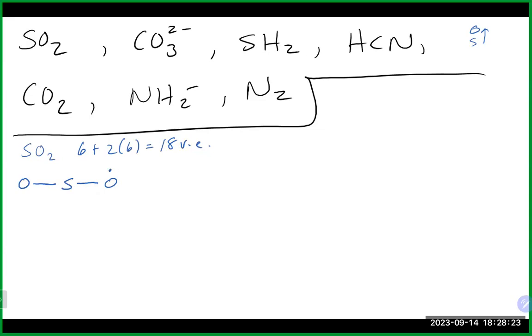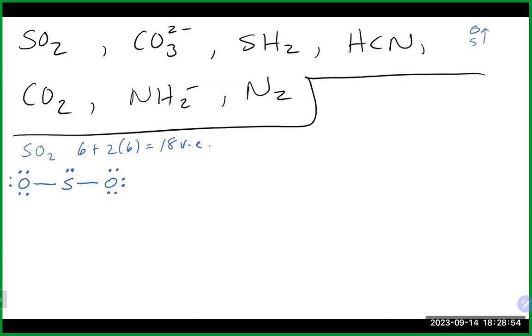So once again, filling up our outsides: 2, 4, 6, 8, 10, and 12 at that point. So I have put on there 16 electrons. I still have 2 more electrons to go, and they should go to the central atom as dots. That's how the central atom should have dots on it, by the way, not double bonded up everywhere on each side. It should have that lone pair of electrons on the sulfur.